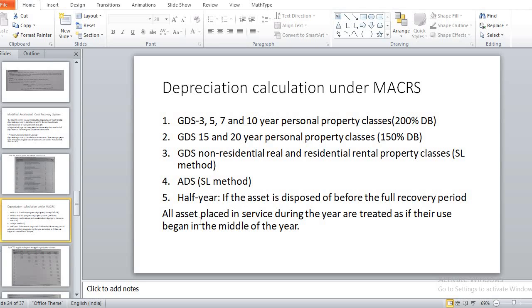In that case, all assets placed in service during that year are treated as if they began in the middle of that year. So only 0.5 year is considered for that condition, if the asset is disposed of before that recovery period.